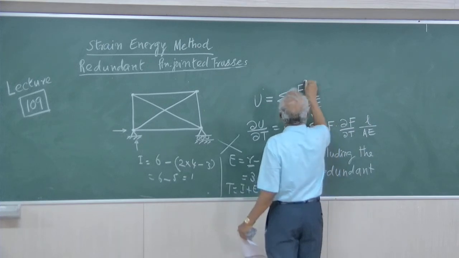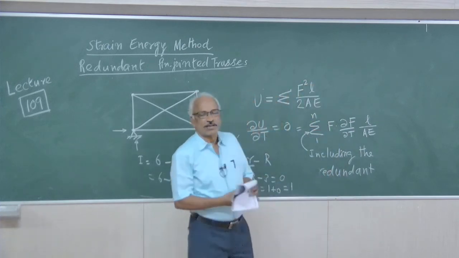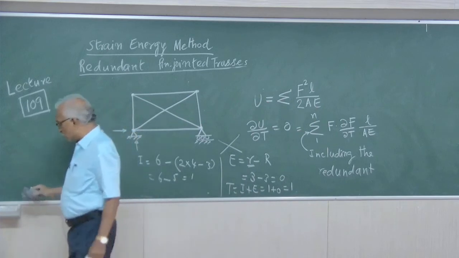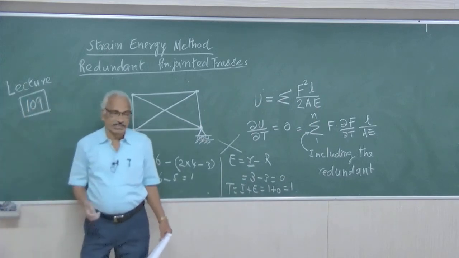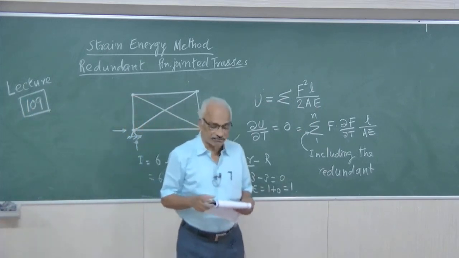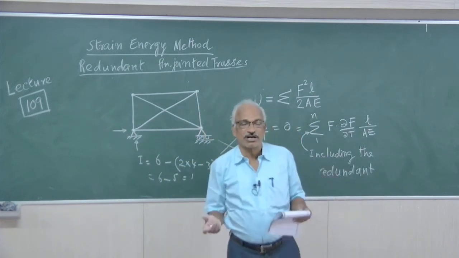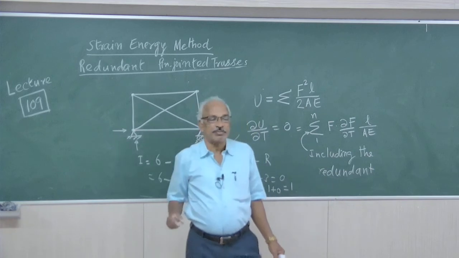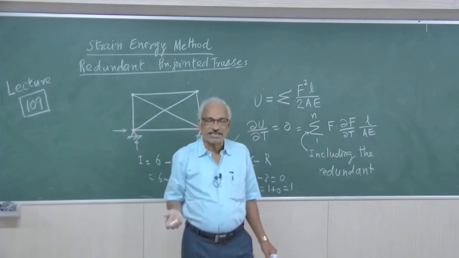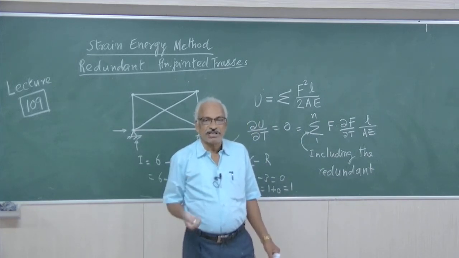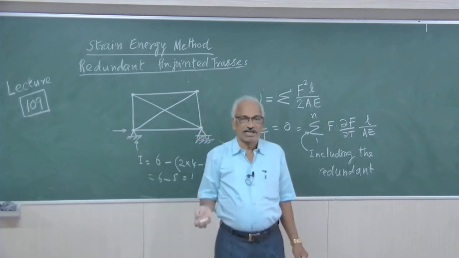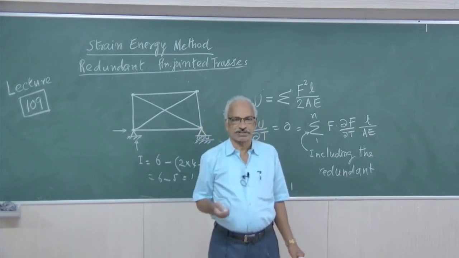Now, we know there are 4 types of forces to which a member in a structure will be subjected. We discussed this at the beginning of the strain energy method. Depending upon the external load and the position of the member, a member may be subjected to axial force, bending moment, twisting moment, and shear force.